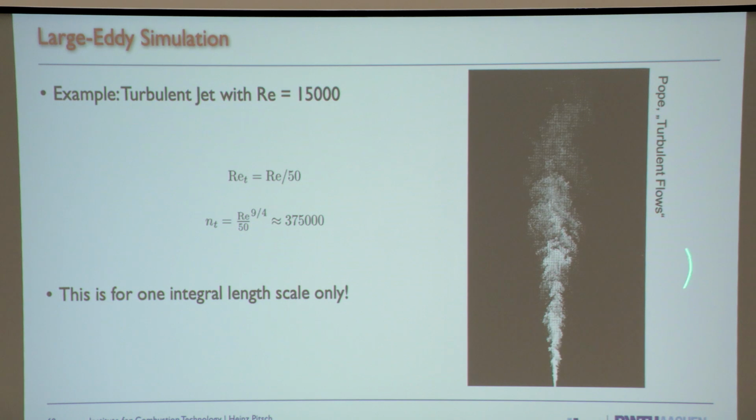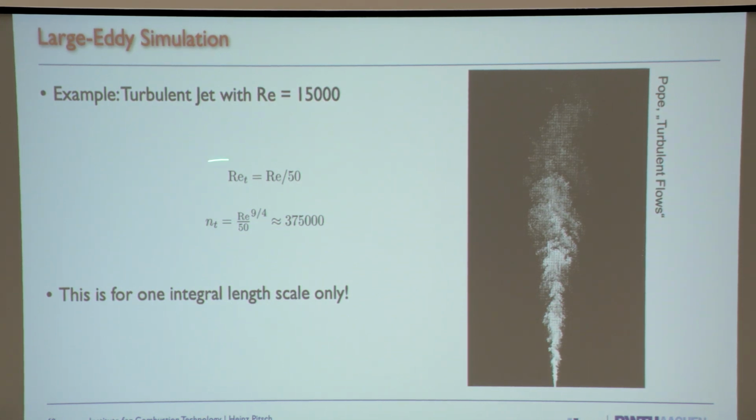So for example, take a turbulent jet, Reynolds number 15,000. This is the jet Reynolds number that's formed with the bulk velocity and the nozzle diameter. And it turns out the turbulence Reynolds number in a jet like this is roughly the jet Reynolds number divided by 50.